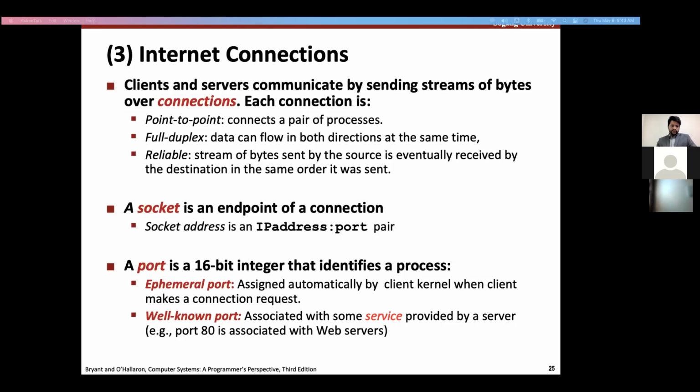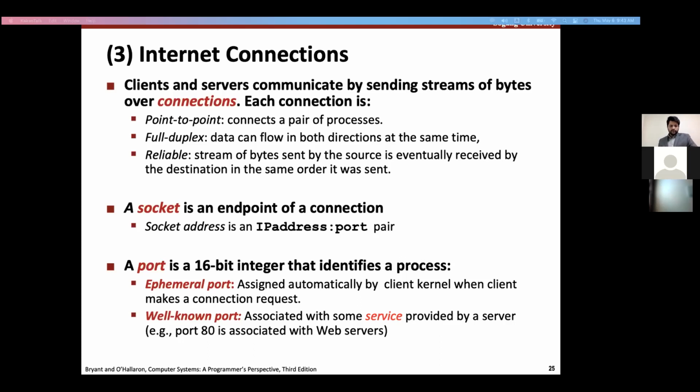We usually write it as IP address and port, and both are used to build a connection. The port in the client socket address is assigned automatically by the kernel when the client makes a connection request, and it is known as the ephemeral port.